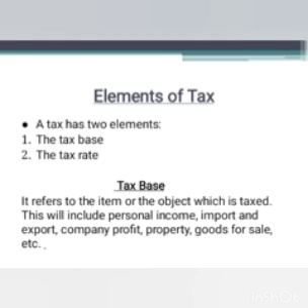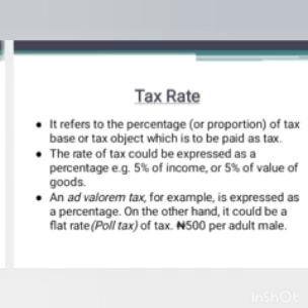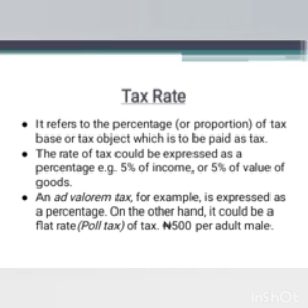The second we have is what we call tax rates. So tax rate is just a percentage or portion of the tax base or object which is paid as tax. A good example is what you can see, that the rate of tax can be expressed as a percentage, 5% of income. So that income is my tax base, while the 5% is the tax rate.